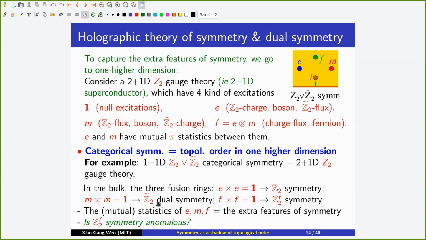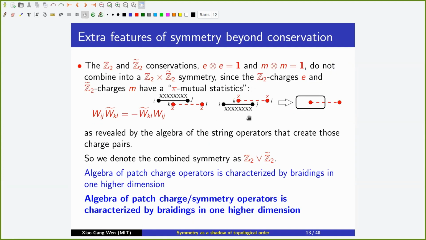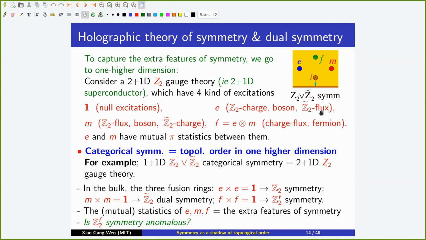And E and M have non-trivial mutual statistics, this mutual pi statistics. That's exactly the actual feature we want to capture. If you view this operator order as a time direction, then different operator orders are like different time orderings, and it's almost like a braiding.